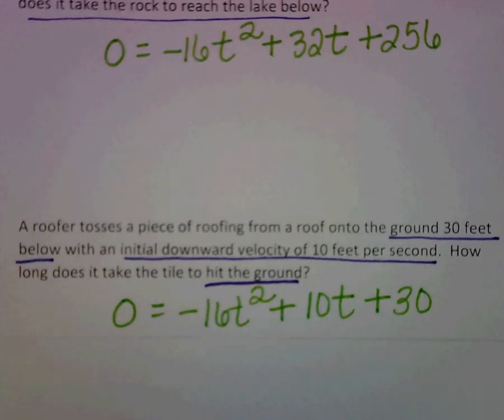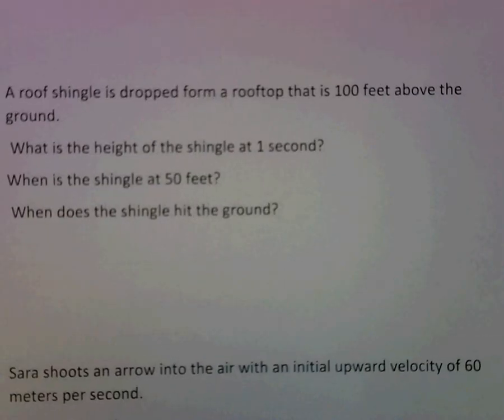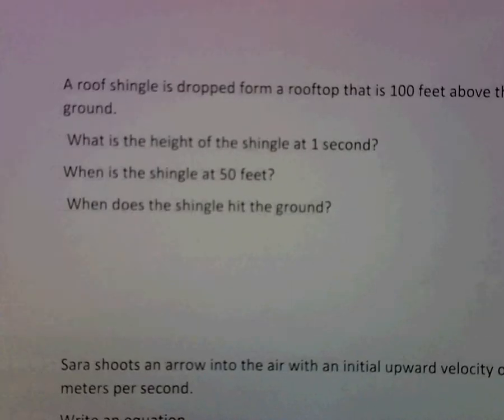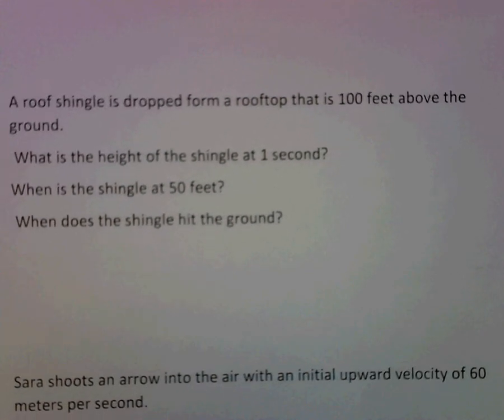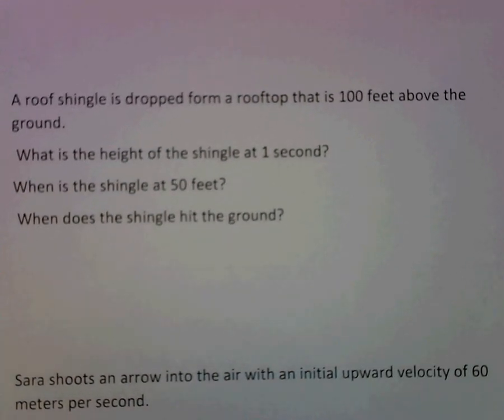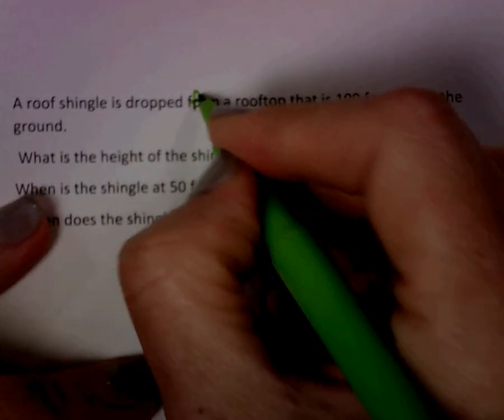Okay, let's look at the next problem. This problem is a little bit different. If you read it to yourself, you'll notice that it doesn't give us an initial vertical velocity, and this should say dropped from, not.